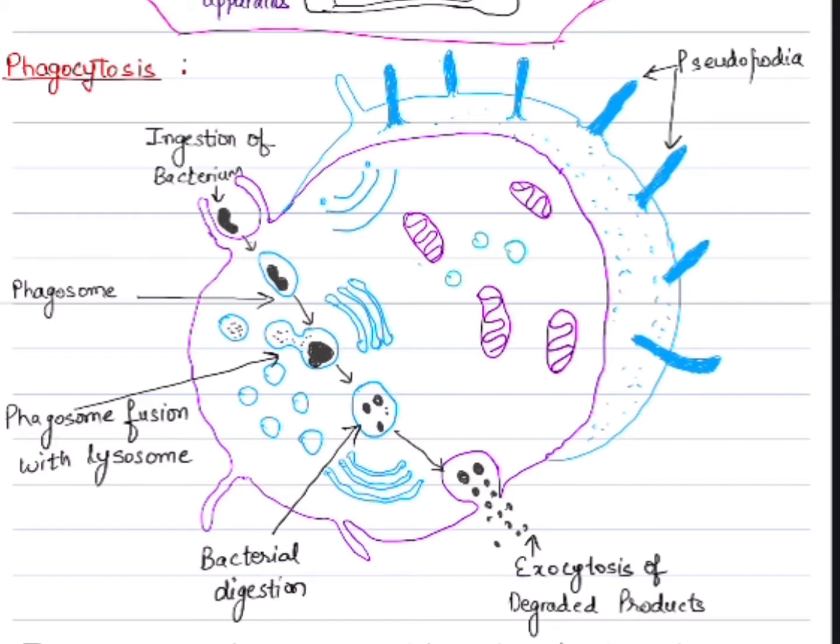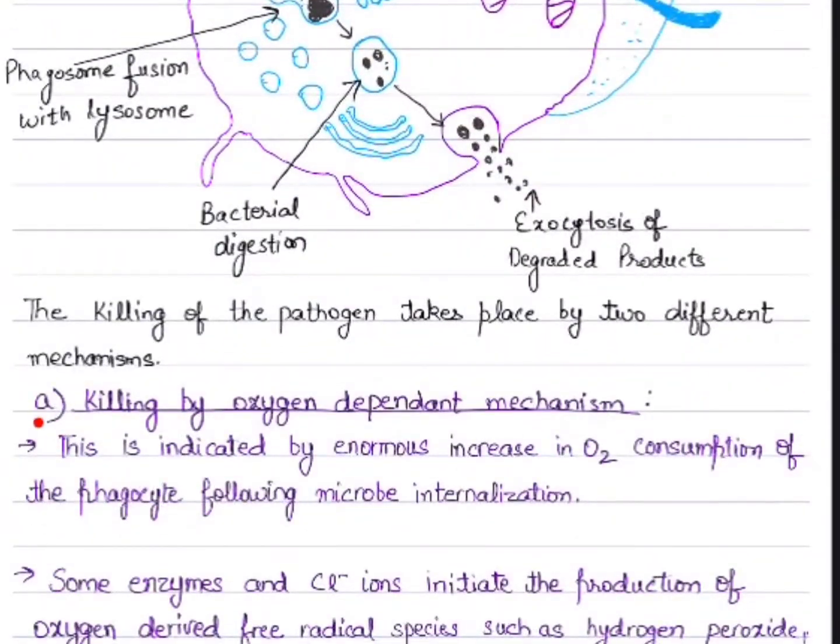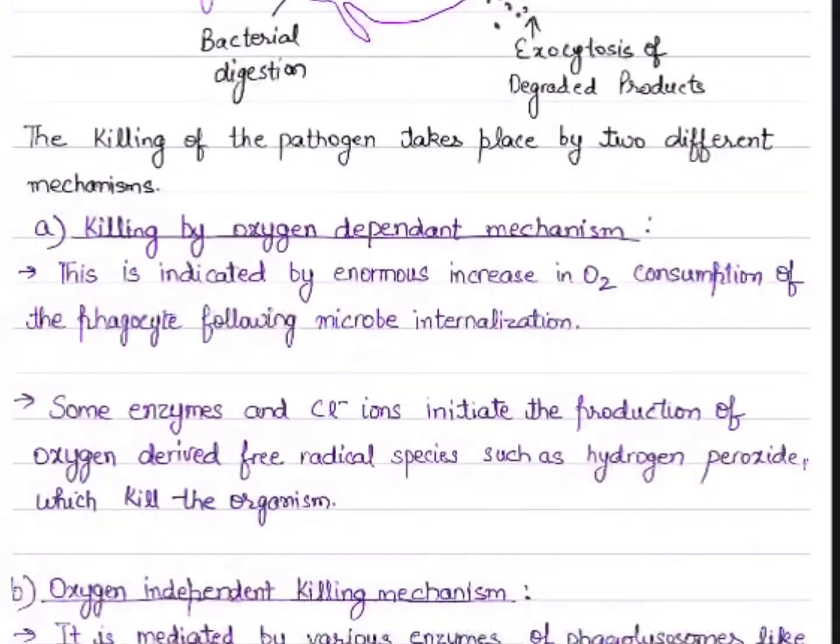Now you can see here that after formation of the phagolysosome, bacterial digestion takes place, and it is removed out of the cell via exocytosis. The killing of the pathogen takes place by two different mechanisms. Killing by an oxygen dependent mechanism is the first. This is indicated by an enormous increase in oxygen consumption of the phagocyte following microbe internalization, also called respiratory burst.